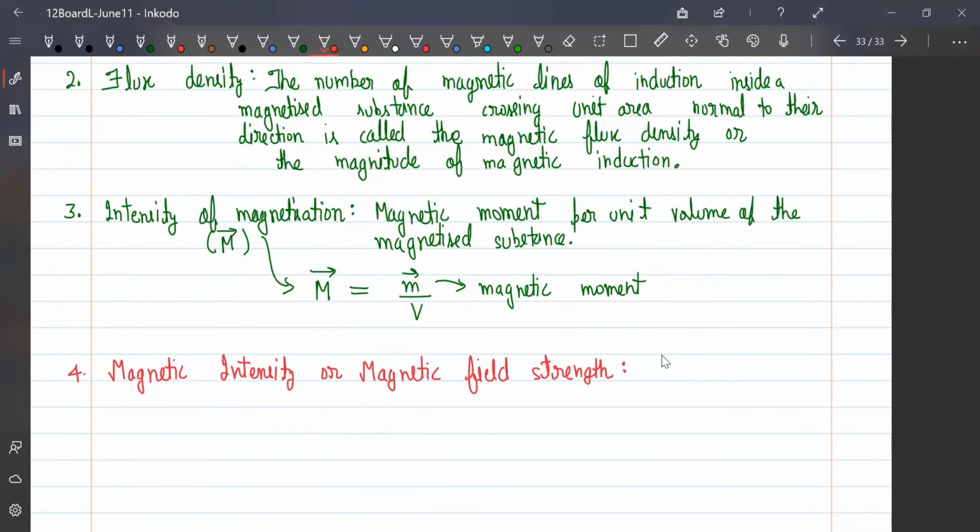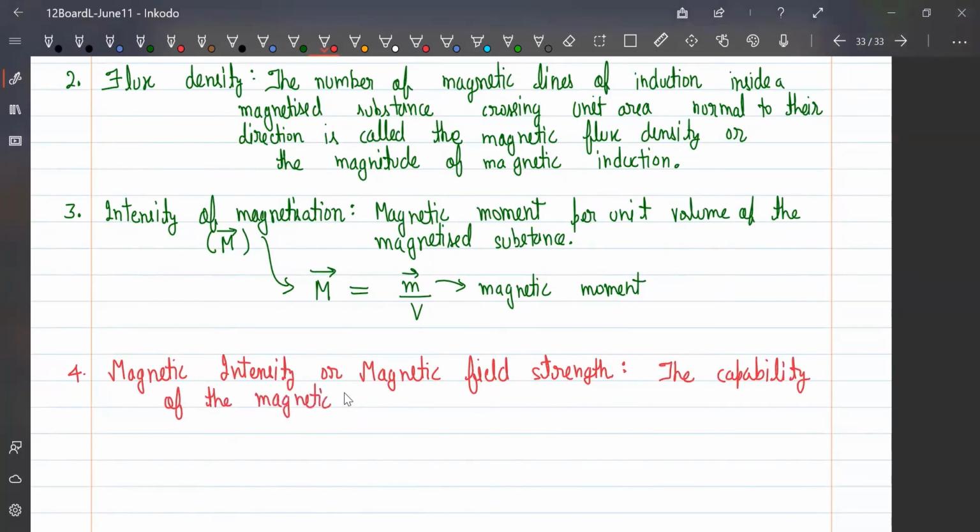And this is defined as the capability of the magnetizing field.